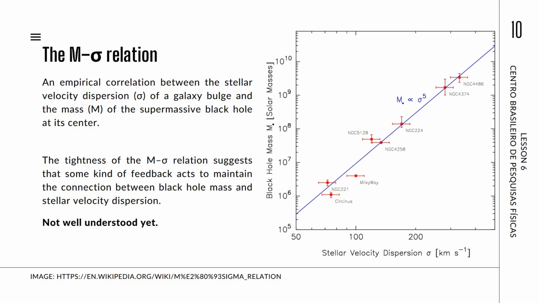Okay, so in a giant galaxy like the Milky Way, we have the black hole in the center. We have the bulge, which is this spherical, ellipsoidal structure around the gravity center of the galaxy. And then in the case of a spiral galaxy, we can have the disk. This will be a flatter part of the galaxy.